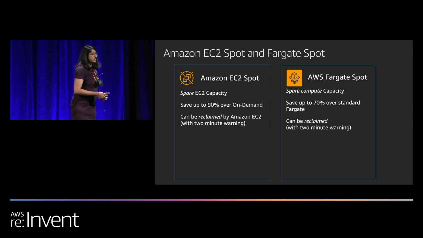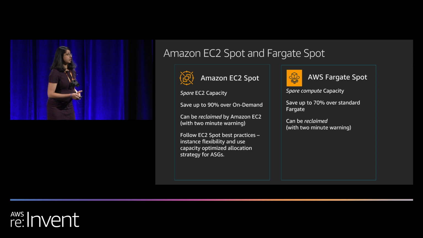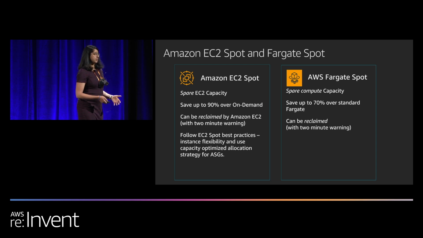With Fargate, you receive the same 2-minute notification, but we are sending it in the familiar SIGTERM event. So if you're already handling it, you don't have to do any extra work in order to take advantage of Fargate Spot. With EC2 Spot, because you actually manage infrastructure on your own, we suggest best practices like I mentioned earlier, which is instance flexibility.